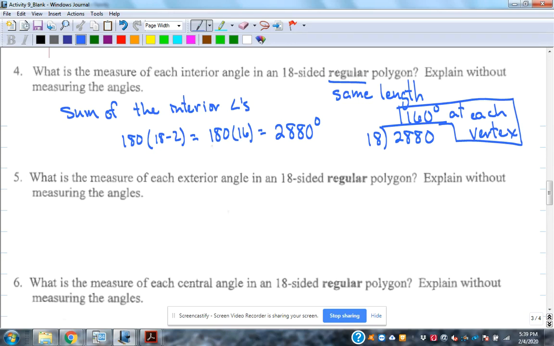Okay. 5. What's the measure of each exterior angle on an 18-sided regular polygon? What do we know about exterior angles? Always equals 360, the total. So we're going to take 360 divided by 18, which is 20 degrees at each vertex.